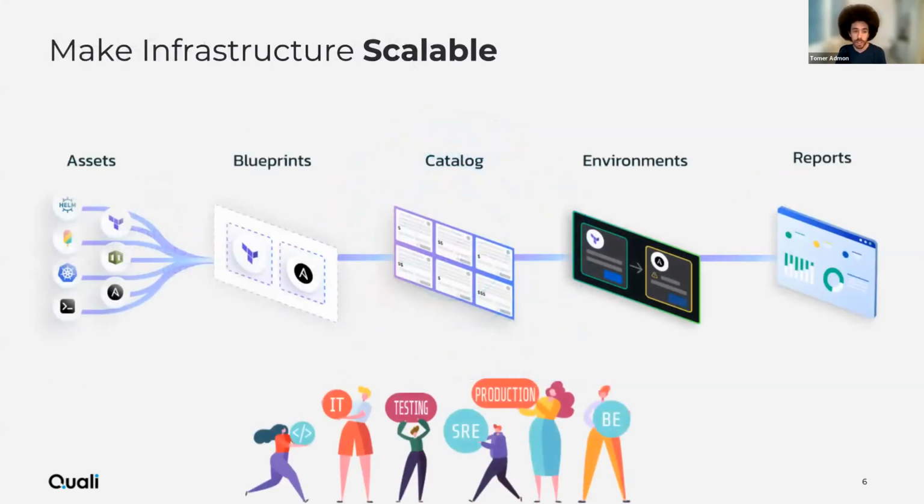So with those things in mind, what Quali is really promoting is how to scale right with infrastructure that's growing, with complexity growing, with the demand growing, with the ecosystem. And it all starts with the assets. If you're here on this webinar, you probably already implemented some CloudFormation, CDK, Ansible, Helm charts, Crossplane, you name it, and you got some automation in-house.